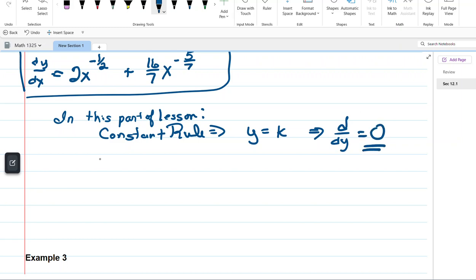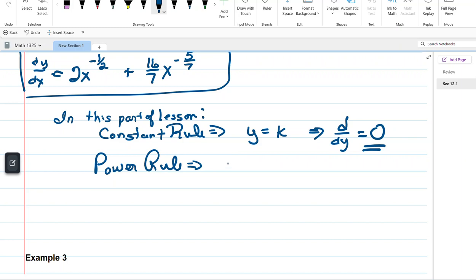And we learn the power rule, where we multiply the exponent times the x and subtract 1 from the exponent of x.